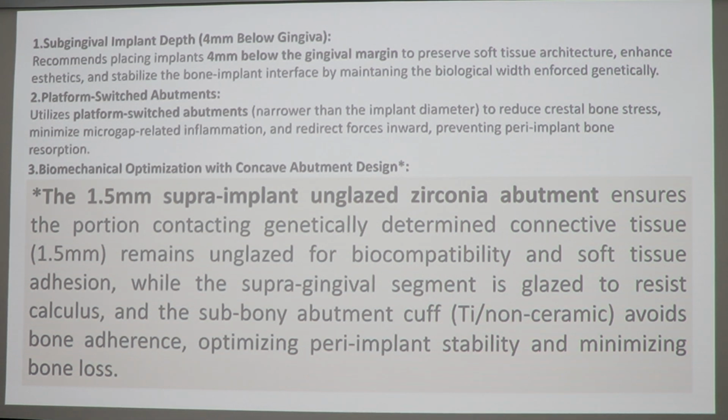We are requesting you not to use zirconia in the bone, okay, because zirconia is good for the soft tissue adhesion. It's not for bone. Avoids bone adherence, optimizing peri-implant stability and minimizing bone loss.